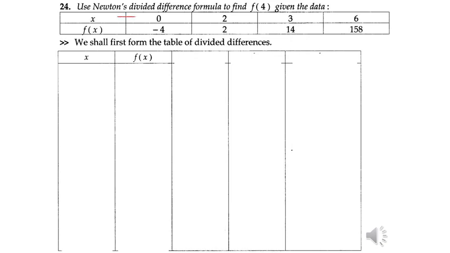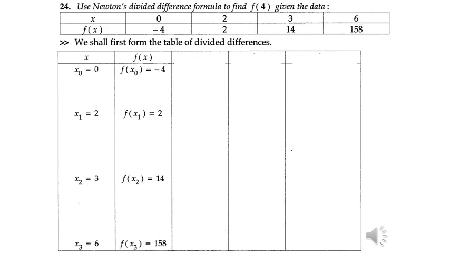We write these values in the x column. And we write these values in the f of x column. We take this as f of x naught, and this as f of x1, and this as f of x2, and this as f of x3.